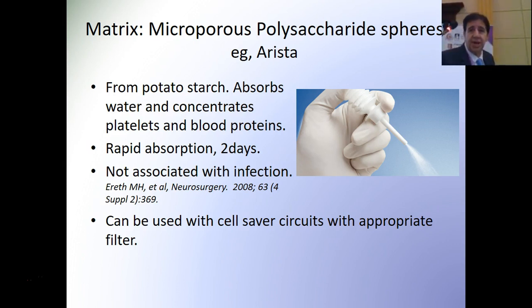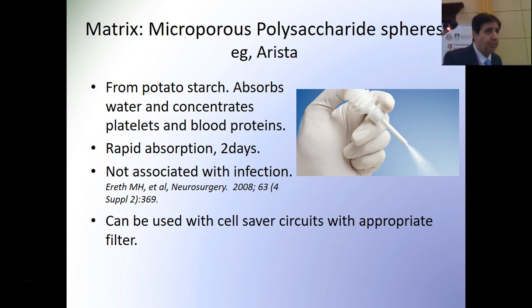Microporous polysaccharide spheres, Arista, come from potato starch, and the way it works is that it creates the equivalent of a dehydration. It will absorb the water, and by this, it concentrates coagulation factors and platelets, and this is how it works on creating the thrombus.